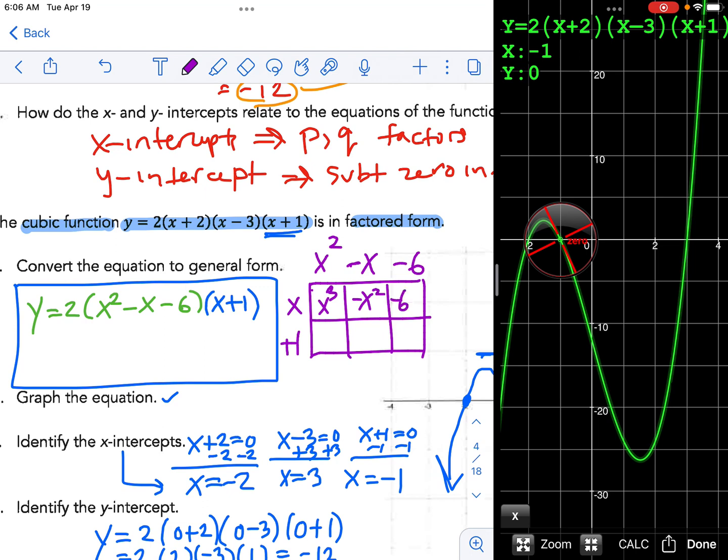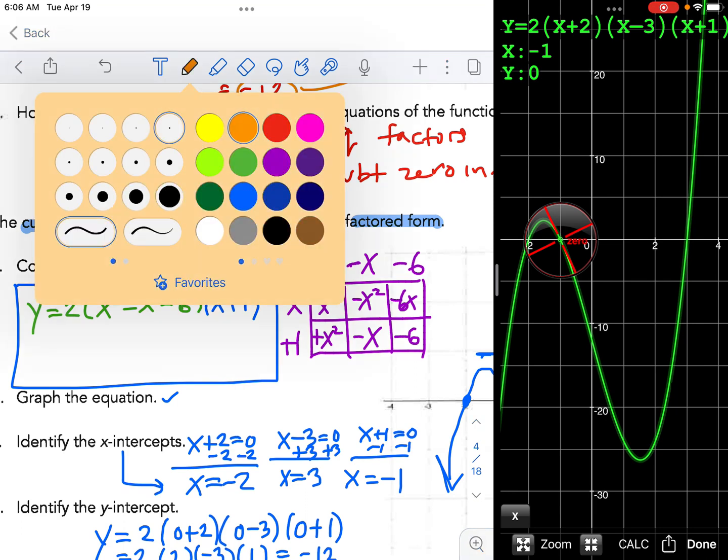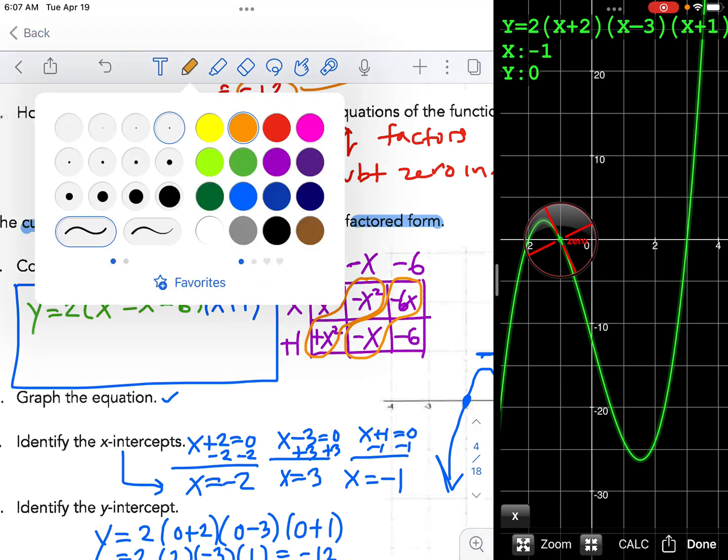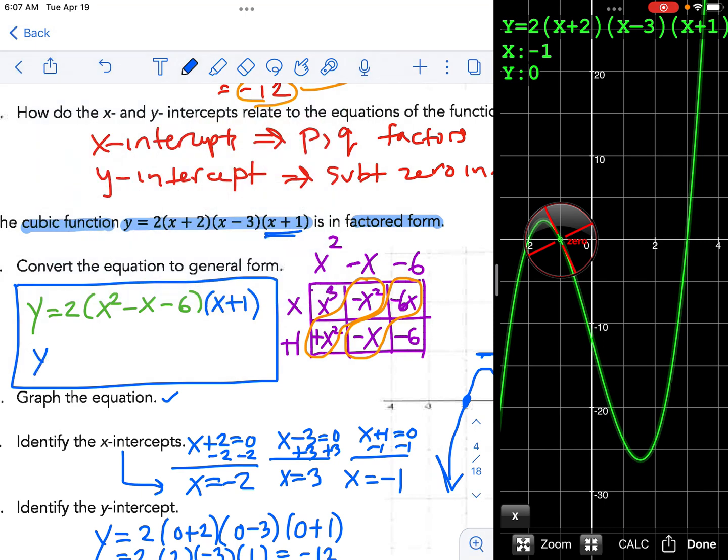So we have x cubed minus x squared minus 6x plus x squared minus x minus 6. And then we know that we have like terms on diagonals. So here's some like terms, and here's some like terms. So we end up having all expanded out.